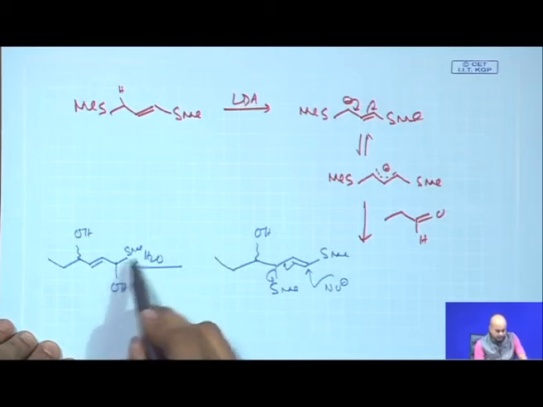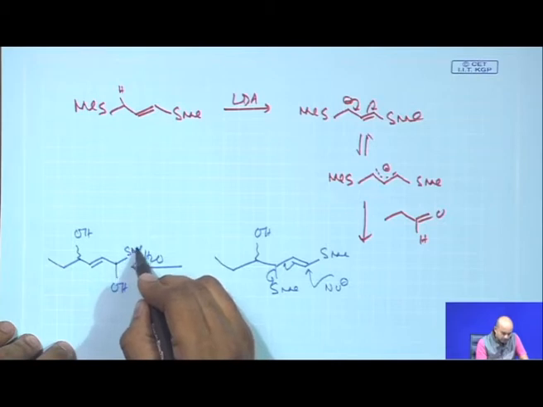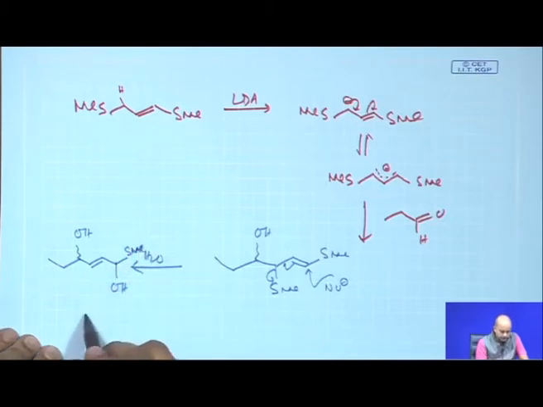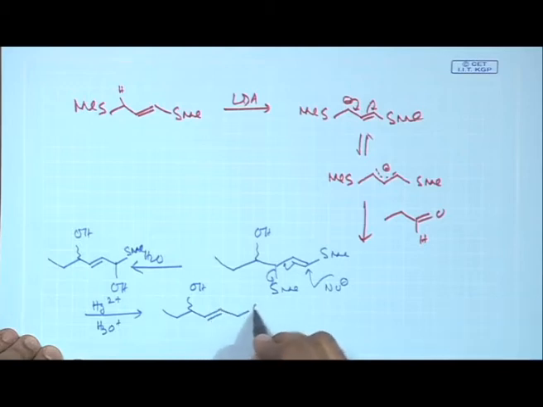Now, this is what? This is basically a thioacetal. A thiol is there and an OH is there. So, now you simply deprotect this thiol with Hg2 plus followed by aqueous workup, you will get OH.